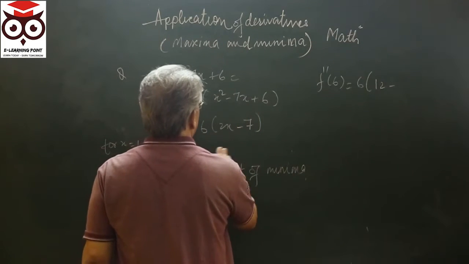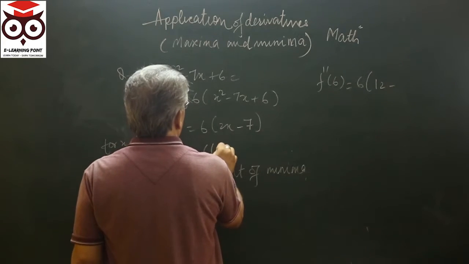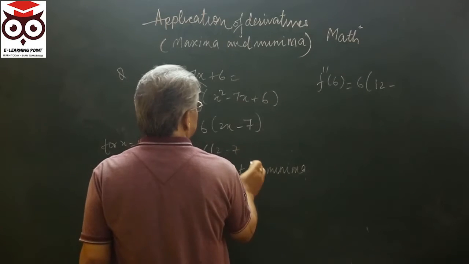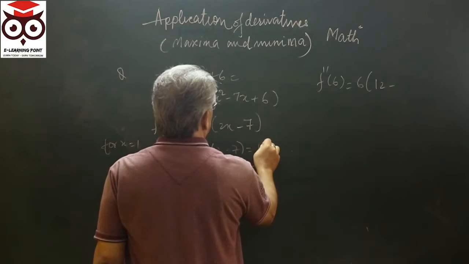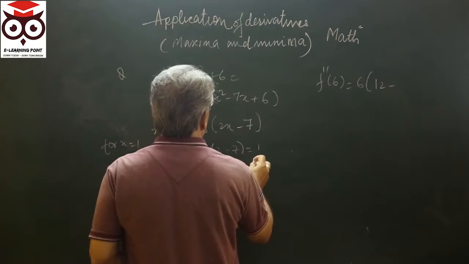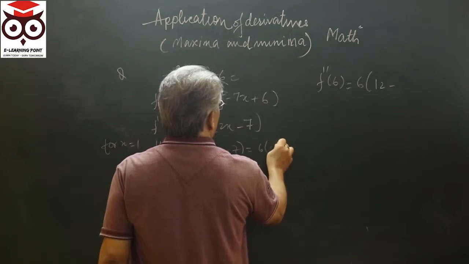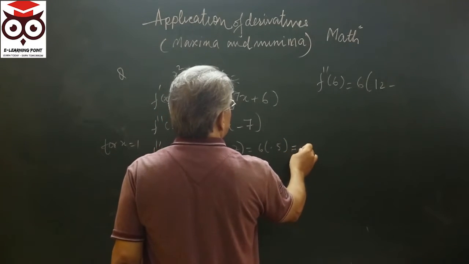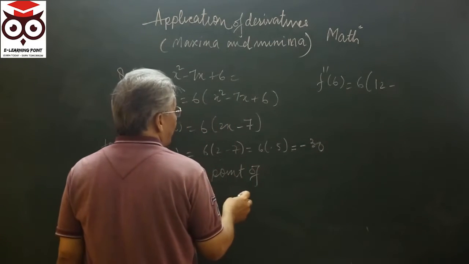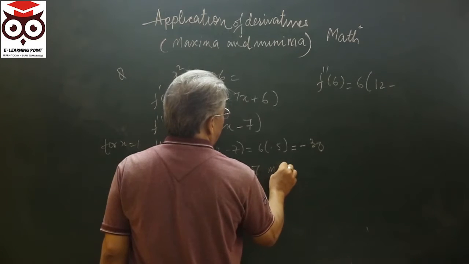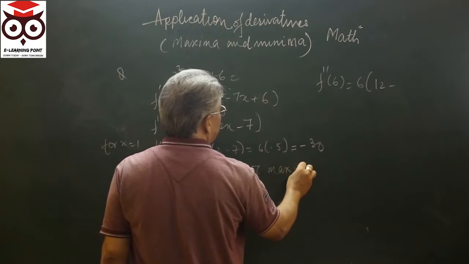This can be written as 2, this is 7, this is 6 and this is minus, so this is minus 30. So it is a point of maxima.